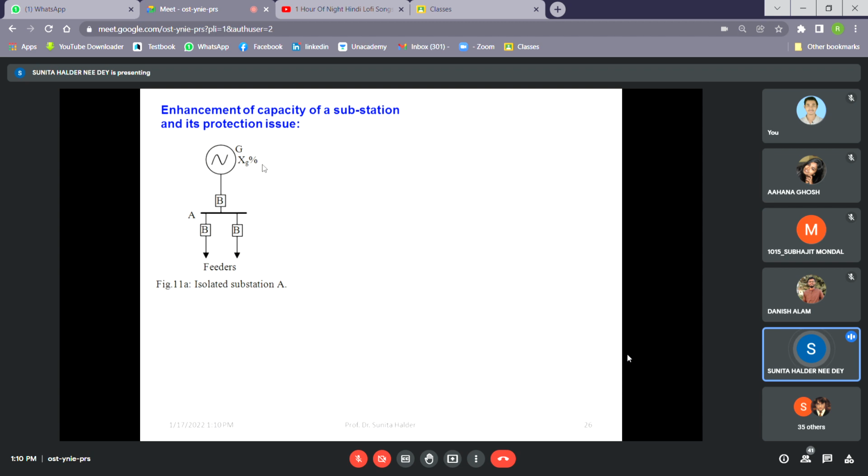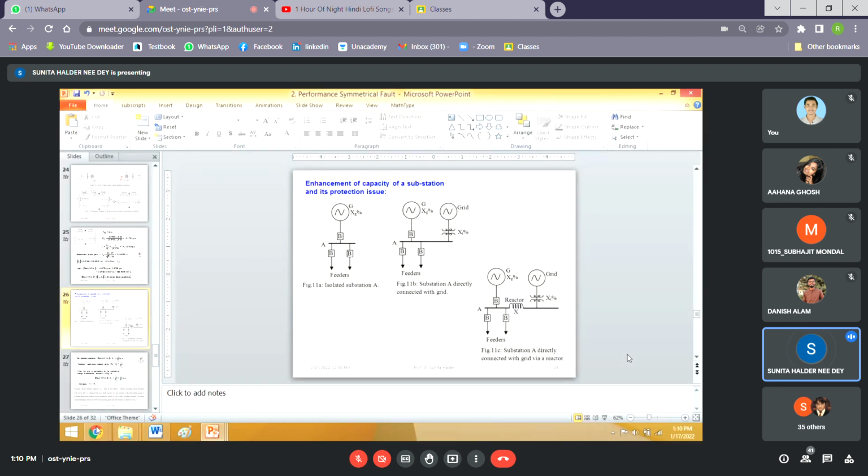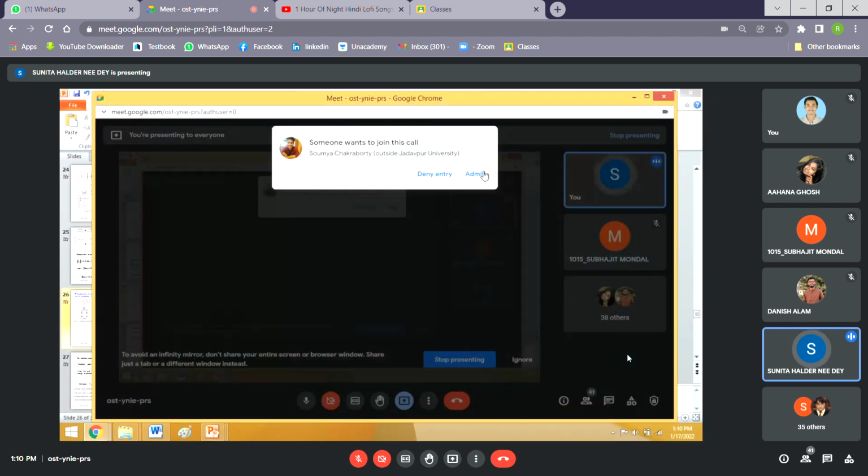Then obviously this generator will be incapable of supplying that. So for that reason, it is required to enhance generation to supply that increased load. So it may be done that we can add another generator there.